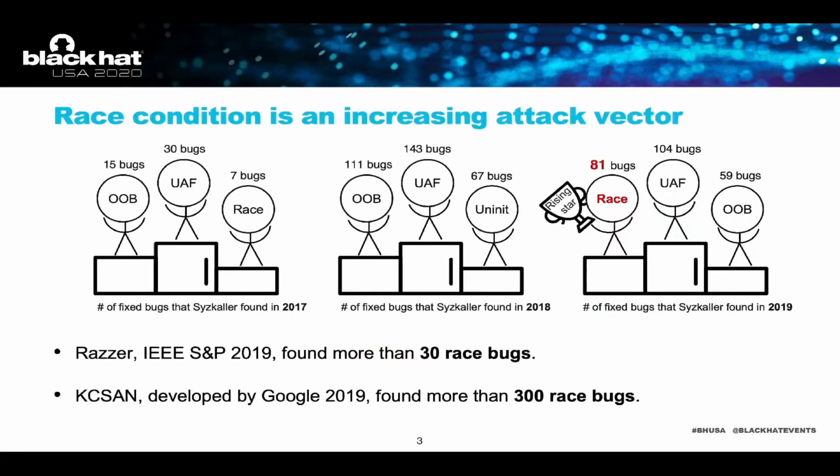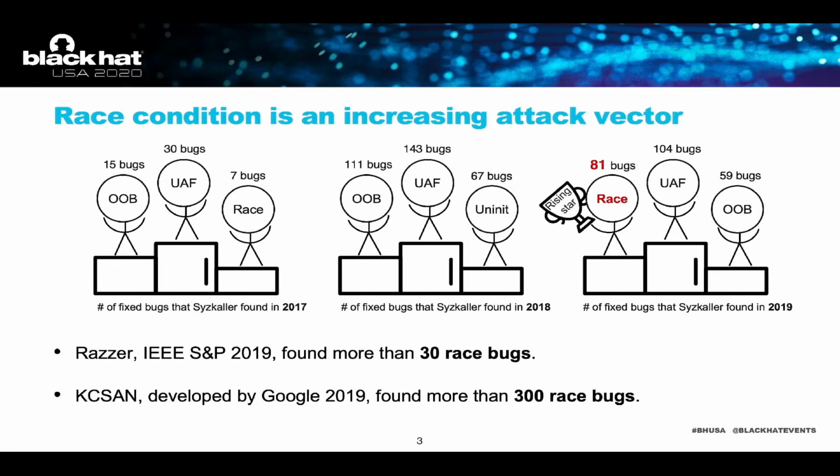Let's start with the race condition. The race condition is a kind of bug that has persisted since the early days of multi-thread development, but only recently getting increasing attention from the security community. Taking some representative examples, Razzer was developed by academia in 2019 and found more than 30 race bugs.